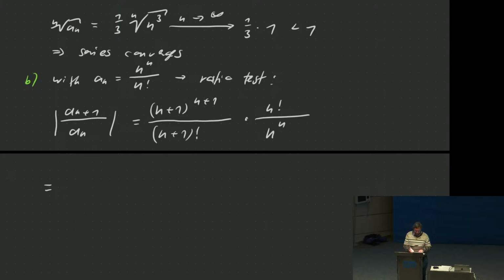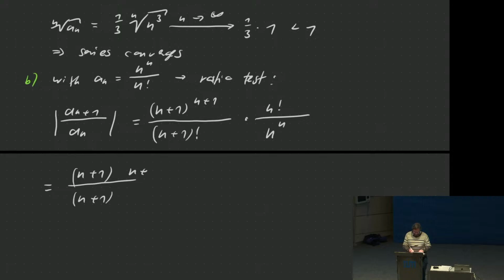Those cancel out, so we're left with 1 over n plus 1 here. Right, that's nice. Then we have this n plus 1 to the power of n plus 1 and n to the power of n. Those seem pretty similar. Let's try to split off one of these n plus 1s that we will then be able to cancel out with this rest here of the factorial.